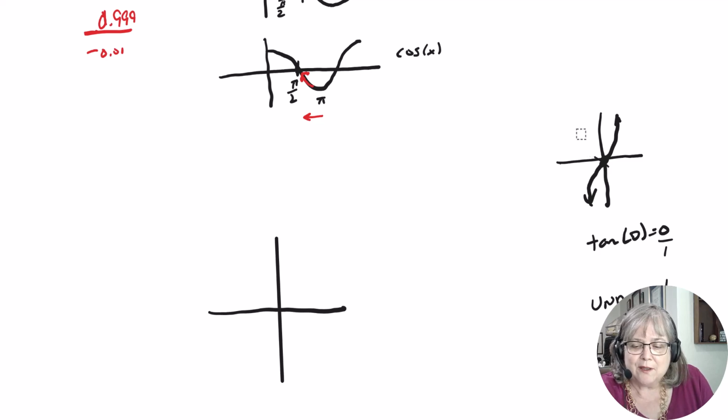It's not 0, it doesn't go through 0. 1 over 0 is undefined, so when you take the reciprocal of it, there's a lovely asymptote here. And tangent's period is pi, so is cotangent. So cotangent's main period that everybody talks about is between 0 and pi. Okay, so it goes like this.